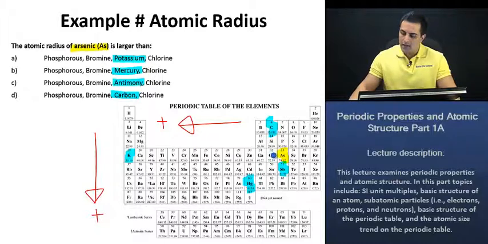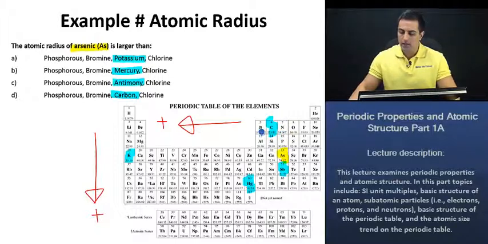Now, relative to arsenic, we see for antimony and mercury that because those electrons are going to be on subsequent quantum levels, they're going to be farther from the nucleus, thus the atomic radius is going to be larger for these elements. Whereas for carbon we're moving in an upward trend.